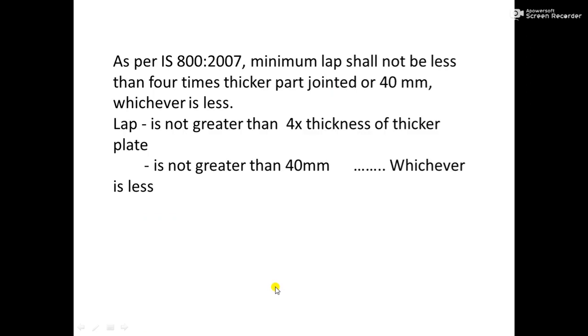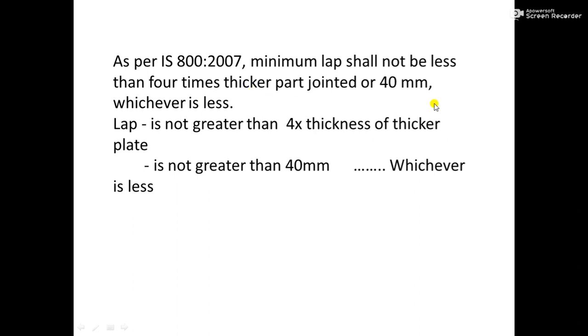As per IS 800 2007, minimum lap shall not be less than 4 times the thicker part jointed or 40 mm, whichever is less. That is, when we overlap the two plates on each other, the minimum lap shall not be less than 4 times the thicker part.